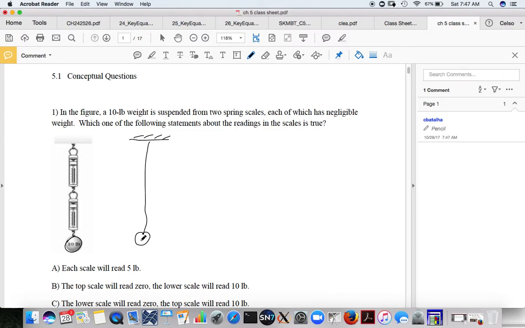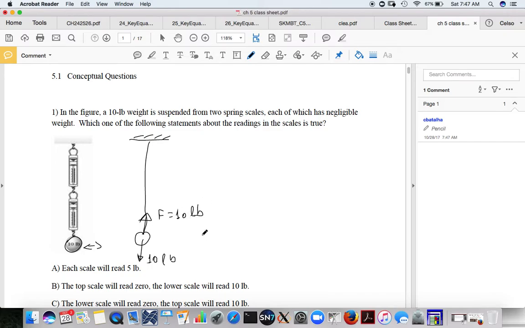If you have a string and a 10 pounds weight pulling down, then certainly the string itself, assuming the weight is not moving, is exerting an upward force of 10 pounds.